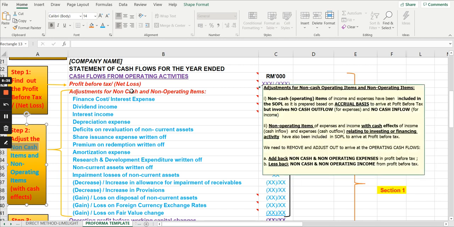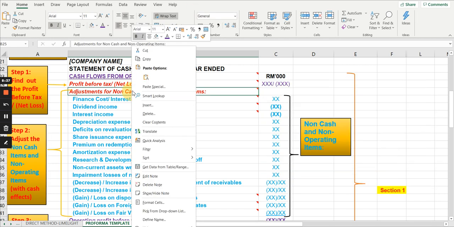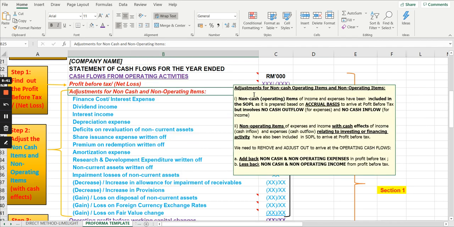So the adjustment for non-cash and non-operating items. What are non-cash and non-operating items? Okay, non-cash items are still operating items, but somehow they are included in the statement of profit or loss or the income statement.